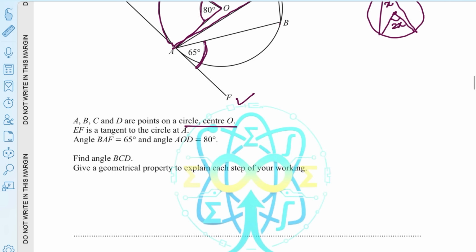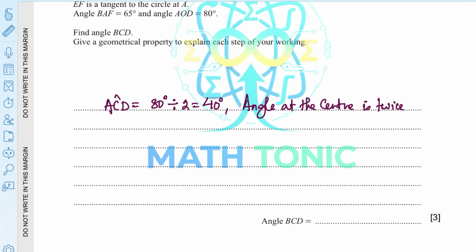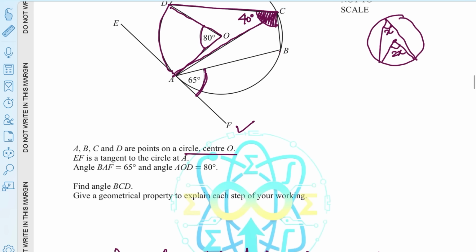So angle ACD equals 80 degrees divided by 2, that equals 40 degrees. Why? Because we know that the angle at the center is twice the angle at the circumference. Got it? Okay, next part.